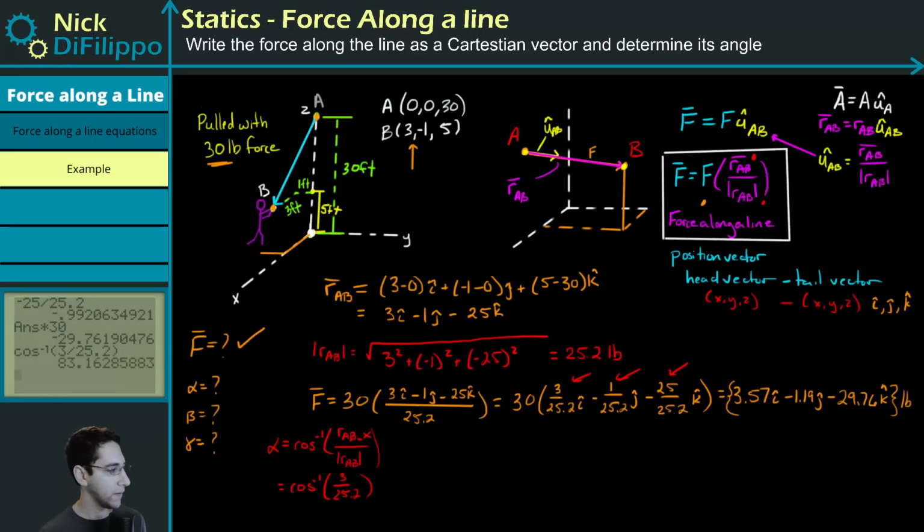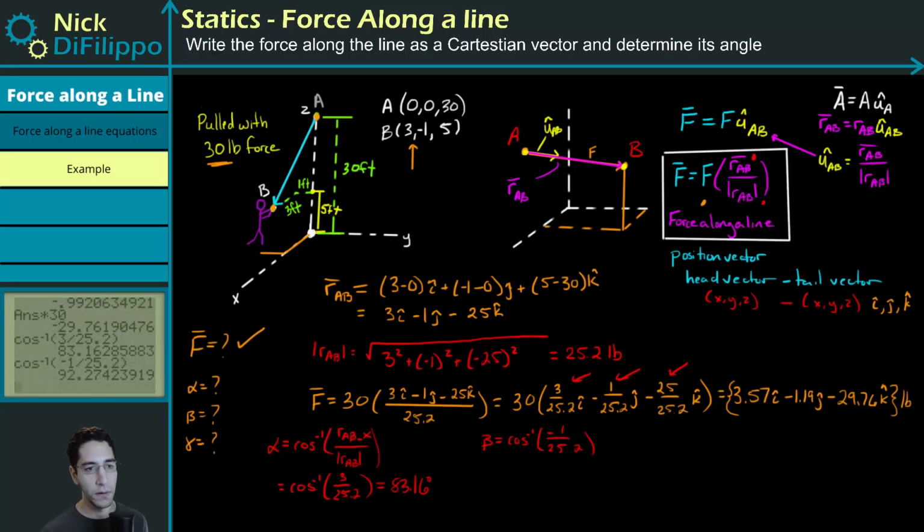We get 83.16. Now beta is going to be the inverse cosine. We've got to use the y. So we're going to use this minus 1. Don't forget the minus sign on these. Over 25.2. The inverse cosine of minus 1 divided by 25.2 is 92.3.